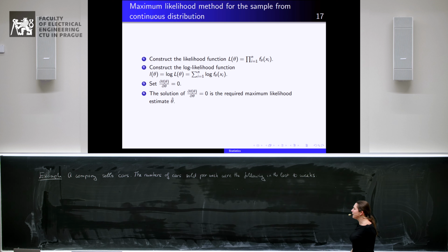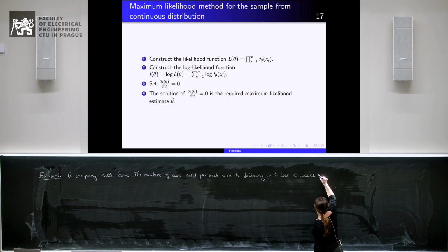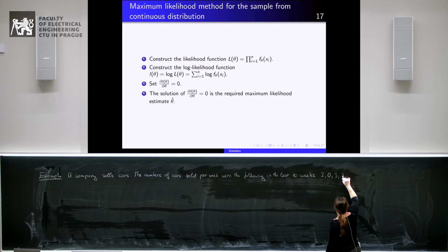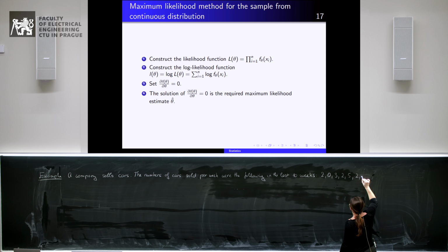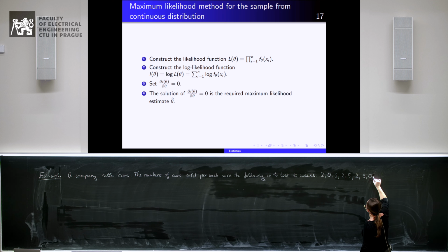It is a small company, let's say only one part of the company, one shop, where they observed that they sold 2 cars, no car, 3 cars, 2 cars, 5, 2, 3, 0, 2, and 2. Let's say in order, it is easier.